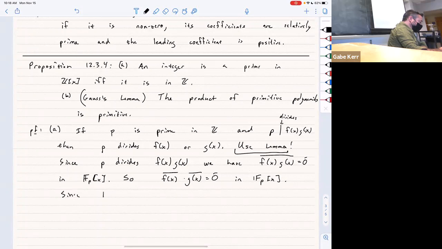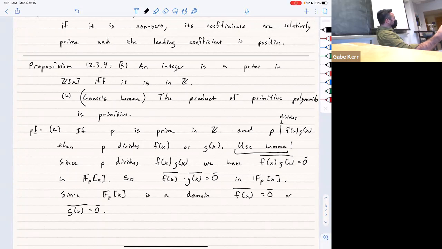Let's say that F_P[x] is a domain. Then f equals 0 or g equals 0.